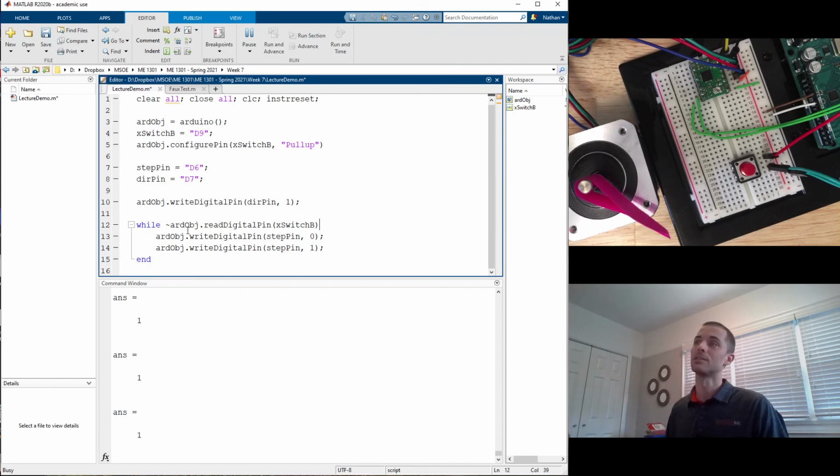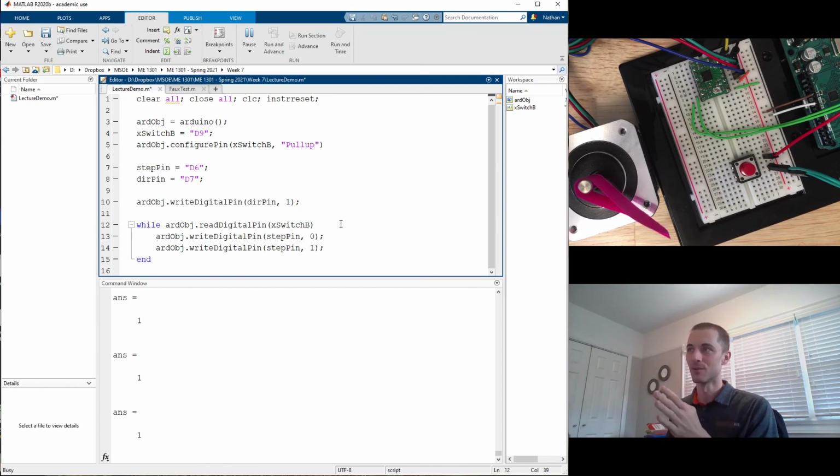The other way we could say this is while this is equal to 1, sorry. I just messed that up. No, I messed the first one up. It reads 1 when it's not pressed.